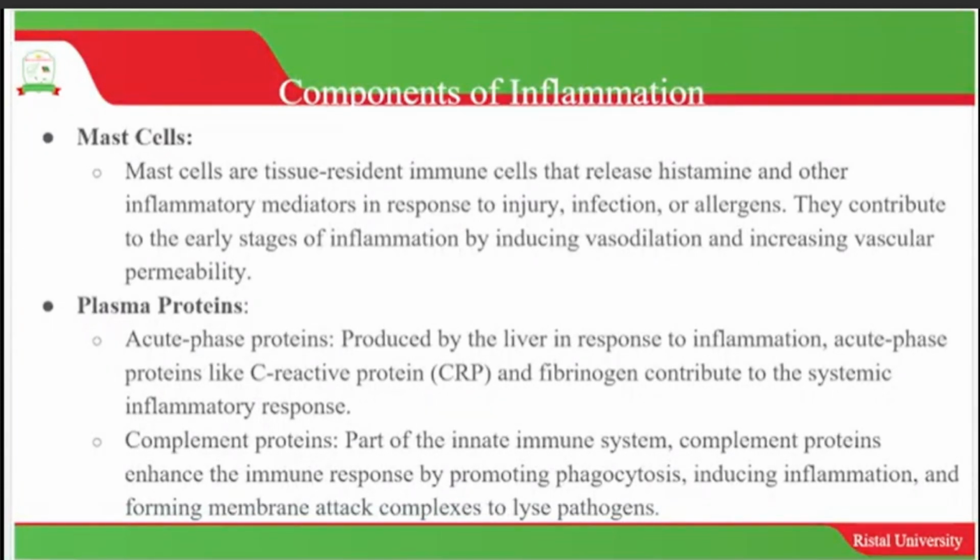So, the next could be plasma proteins. These plasma proteins include acute phase proteins that are produced by the liver in response to inflammation. So the plasma proteins are also components of inflammation.